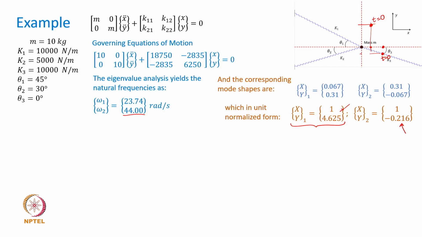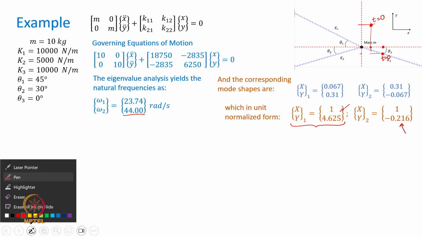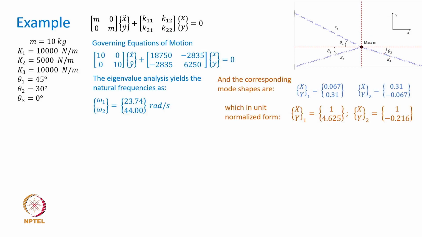But when it is perturbed arbitrarily, the general motion is written in this form, which we have discussed already: x as a function of time and y as a function of time is given as a combination of the two normal modes omega 1 and omega 2 with their respective contributions, and the mode shapes of individual modes at frequency omega 1 and omega 2 appearing in these two terms.